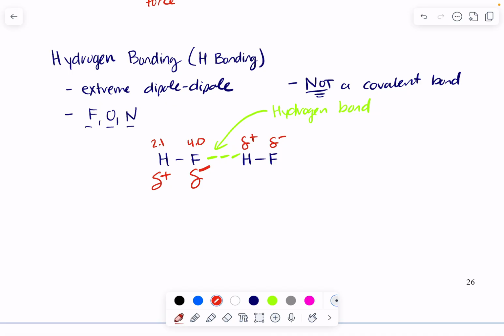The other scenarios for hydrogen bonding might be something like O connected to H. There, we still create, with 3.5 and 2.1, a very strong dipole. So this is still very delta negative. This is still very delta positive. And our last example would be N to H, where it's still very delta negative and still very delta positive.